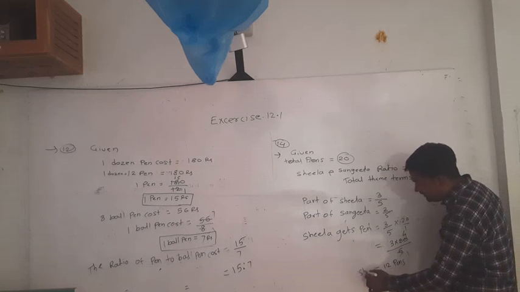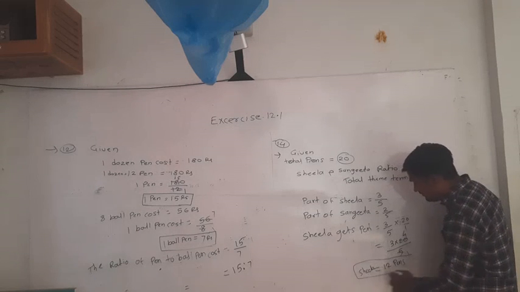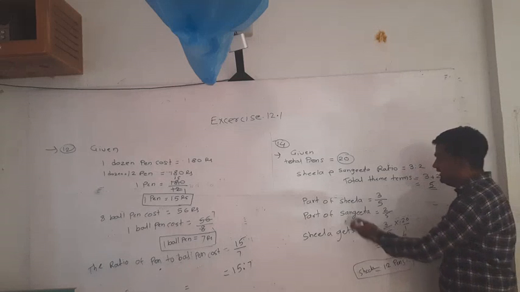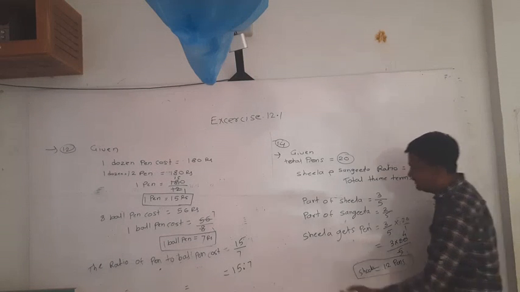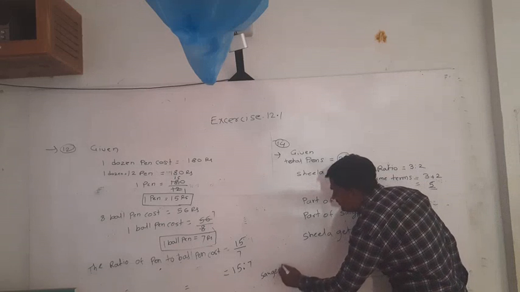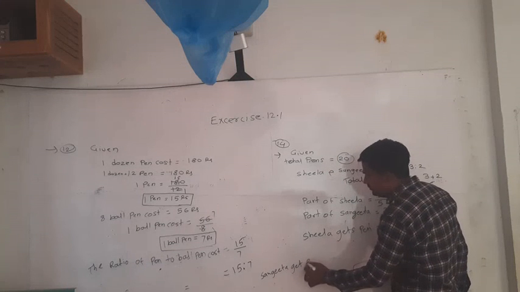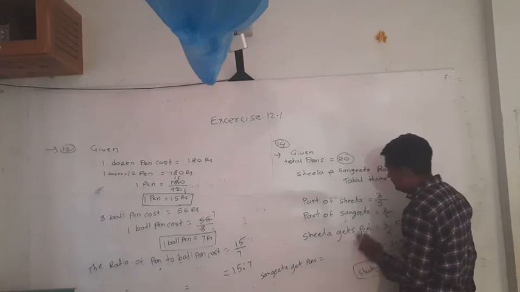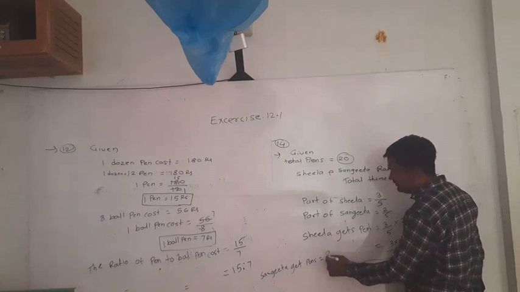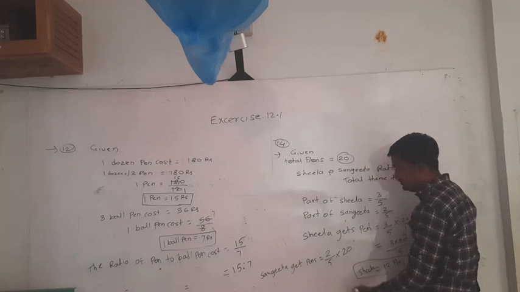How many did Sneha get? Sneha gets 12 of the 20 pens. Second, find Sangeeta's. Sangeeta gets pens equal to 2/5 into 20.